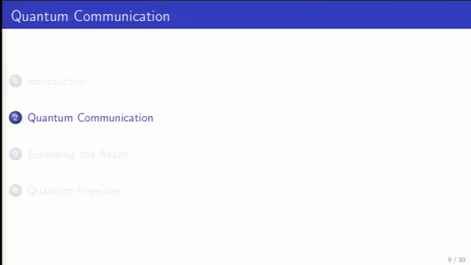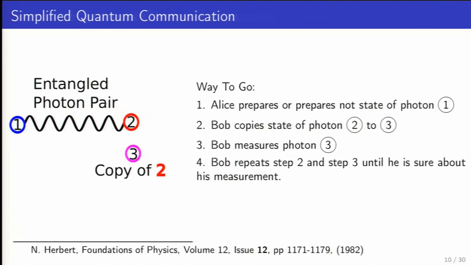Okay, so now we have got some introduction. We will come to the quantum communication, and we can think of a simplified quantum communication scheme. It goes like this. There is an entangled photon pair. Alice prepares or does not prepare the state of the photon 1.